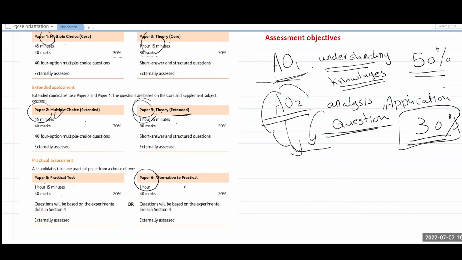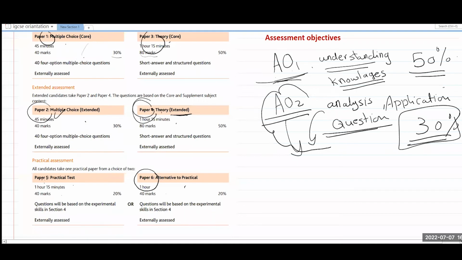So this is related to a point of the syllabus, and they will ask you to think and analyze the situation and write the result of your analysis or manipulation of this data. You understand? Okay. Do you have any doubt about that part? Okay. So these 2 are found in paper 1 and 3 and 2 and 4, right?